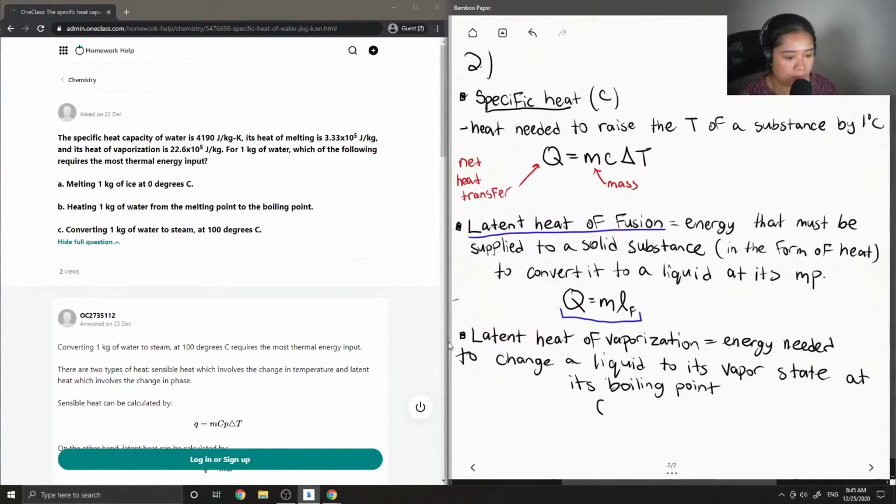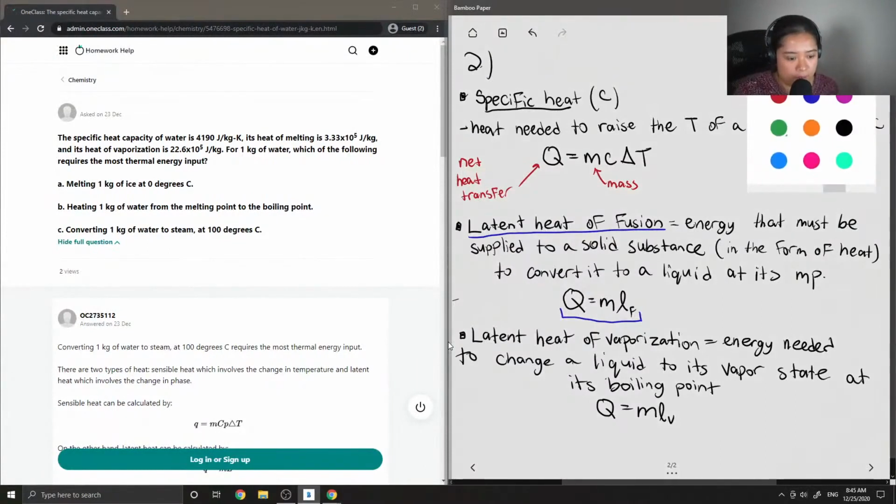So the equation to solve for Q is M times the latent heat of vaporization.